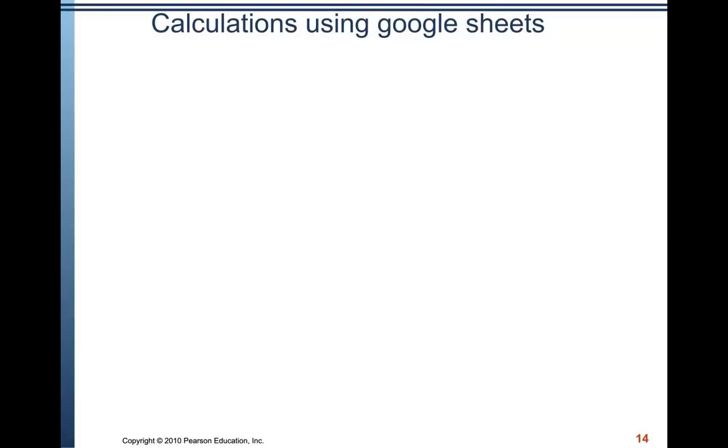So I talked about all of this: mean, median, standard deviation, and so on. I talked about all the different ways of displaying quantitative data: histograms, stem and leaf plots, dot plots, etc. But we never talked about how to calculate all this stuff, so that's what I want to show you here. For this chapter we're going to use Google Sheets to help us make these hard calculations.